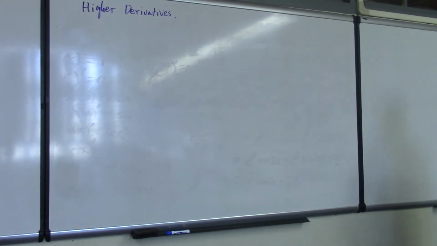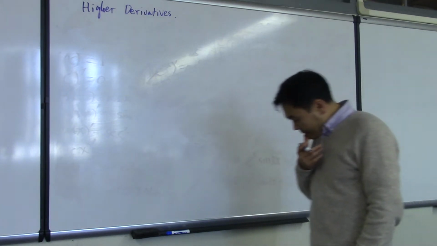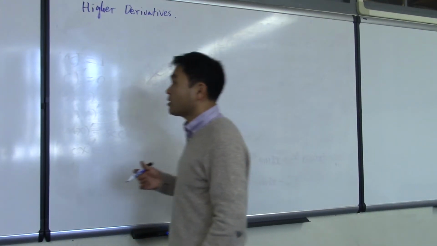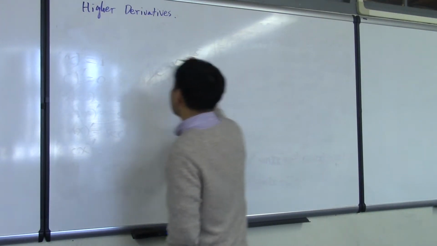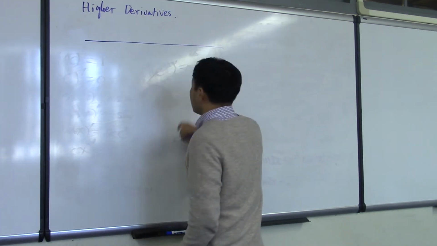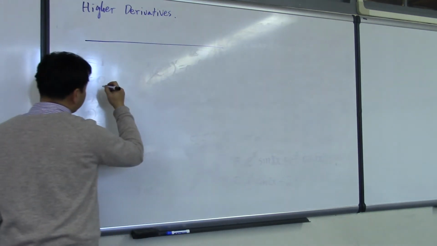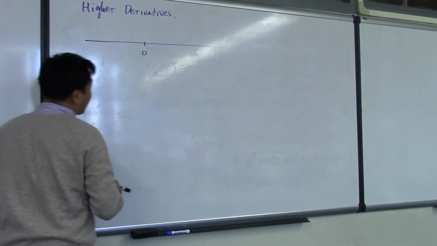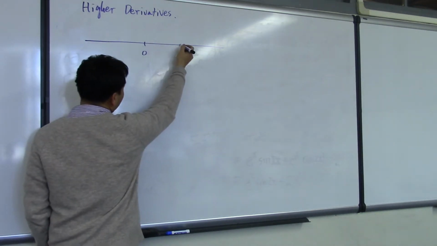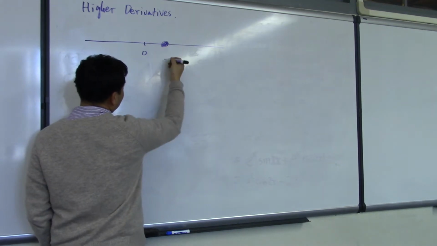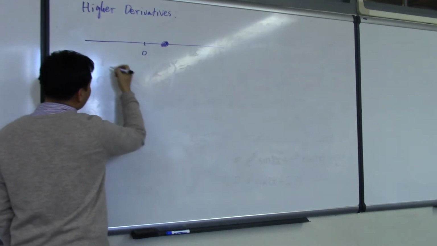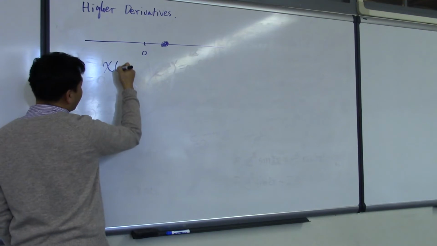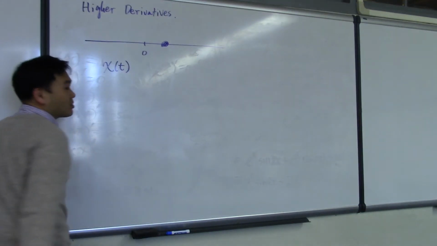In physics, if you have a position of a particle, so think about this. On the number line, let's say there's a moving particle, okay? And the location of that particle at time t is described as x of t.